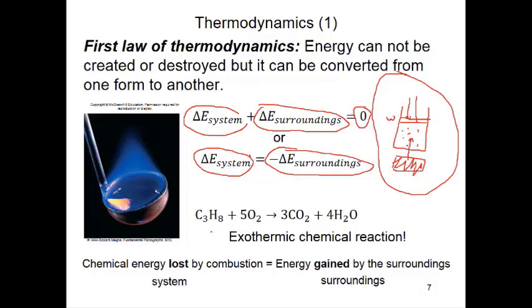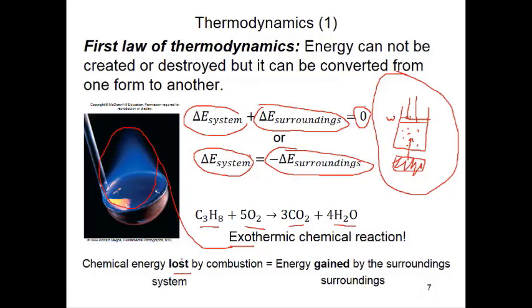Here is one example: propane burning in the presence of oxygen, producing carbon dioxide and water, and energy is going out. If the energy is going out, it is called exothermic, and this is shown in the diagram. This is the heat, fire is there, so it is called exothermic; energy is coming out of the system. Same thing here in chemical energy loss.